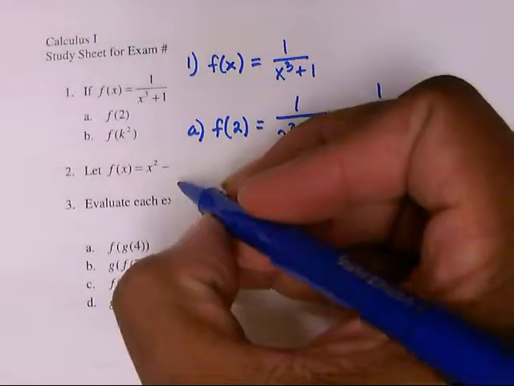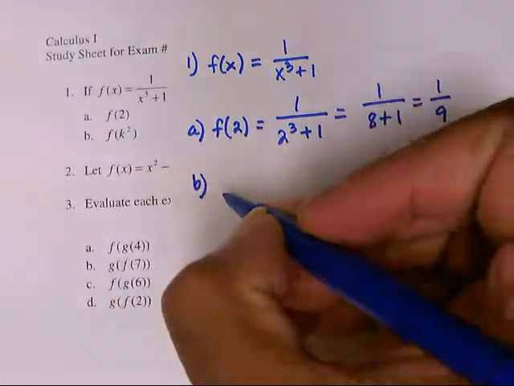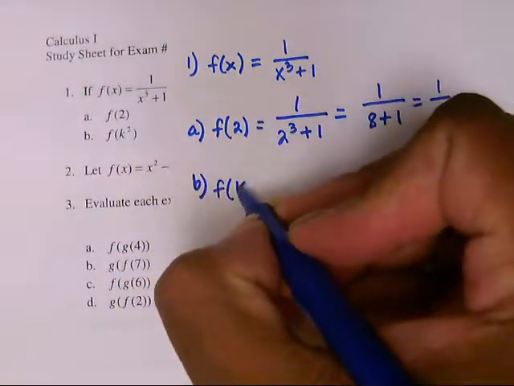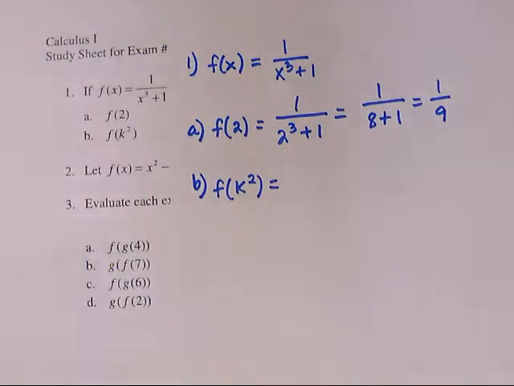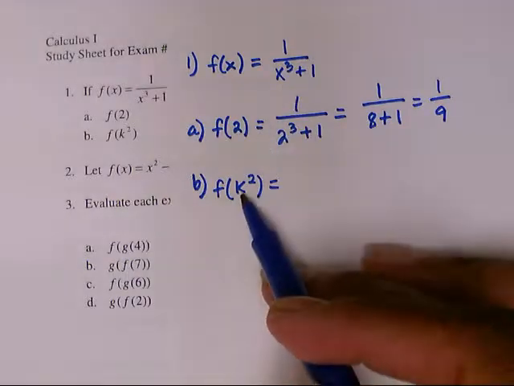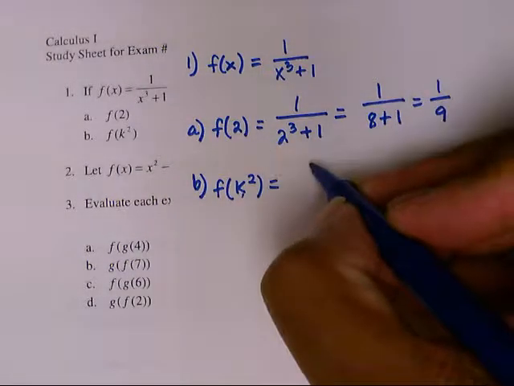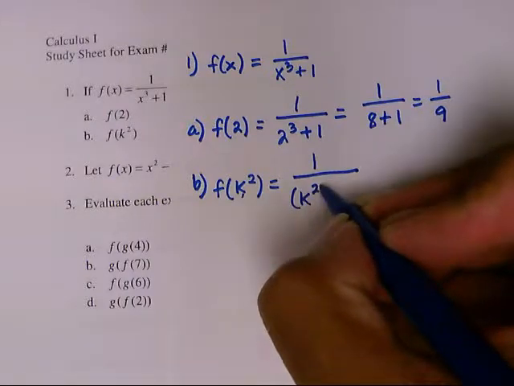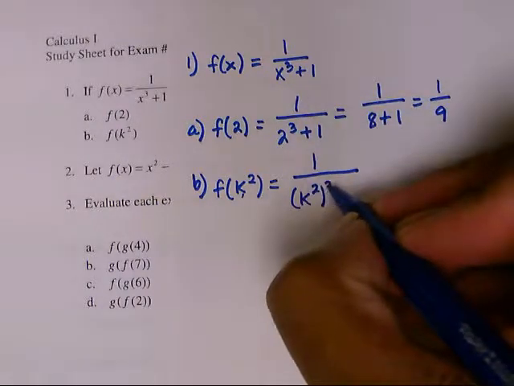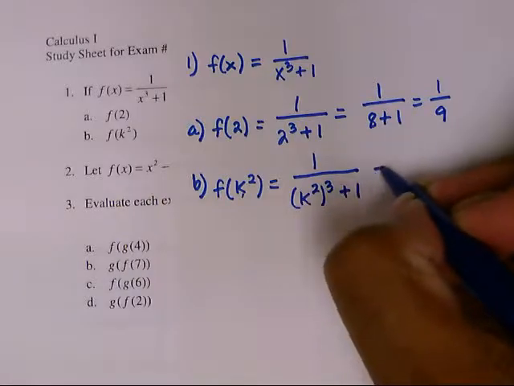Okay, part B, f of k to the second. Again, we're just substituting the x, but this time with k to the second. So it'll be 1 over k to the second, and that's going to be cubed, plus 1.